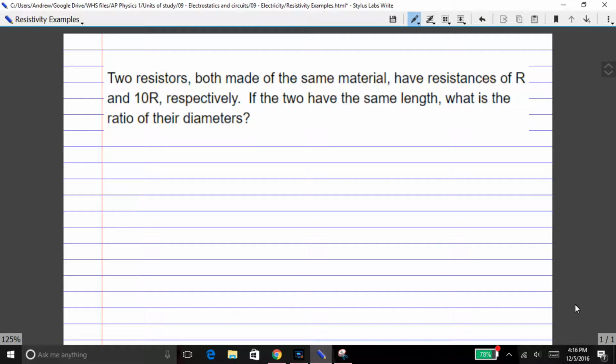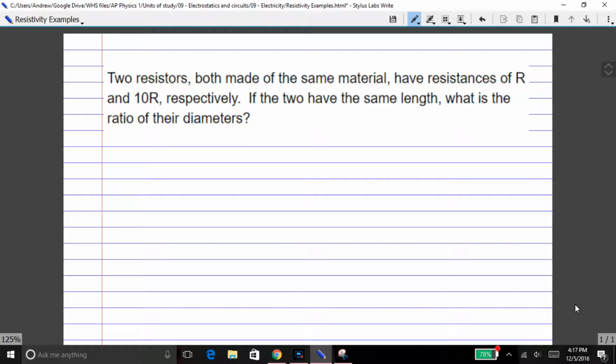So while they won't give us any equations where they ask us just to calculate resistance based on resistivity and area and length, they probably will ask us to compare a couple of resistors, or maybe put this in the context of an Ohm's law question, which is learning goal 9D for us.